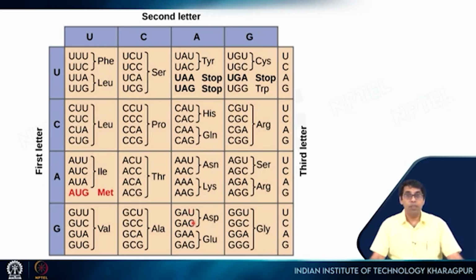However, if this C changes to A, then it will become glutamic acid. Both have acidic side chains, so functionally it might not be a very bad mutation. Similarly, if it changes to G, then again it becomes glutamic acid. So a negatively charged residue remains a negatively charged residue. These are similar residues.